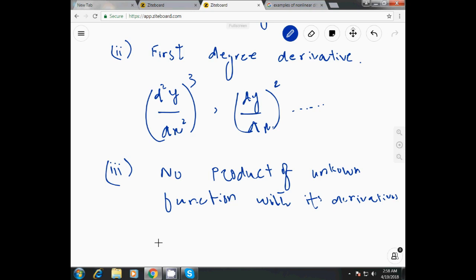So what is not allowed is y dy by dx, or for example y square d cube y by dx cube, etc. These are not allowed.